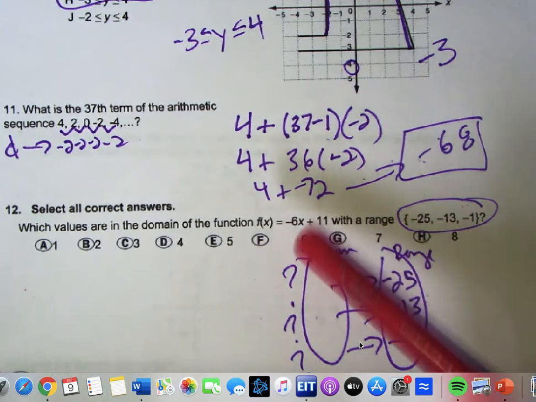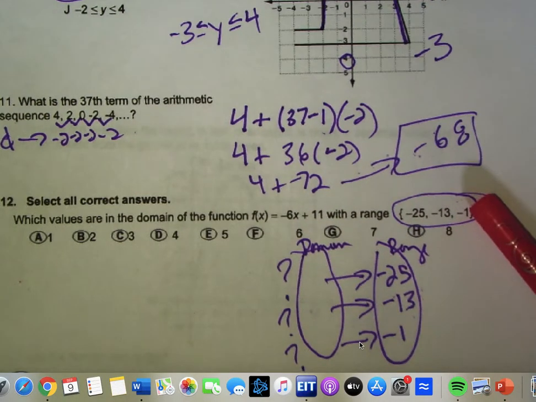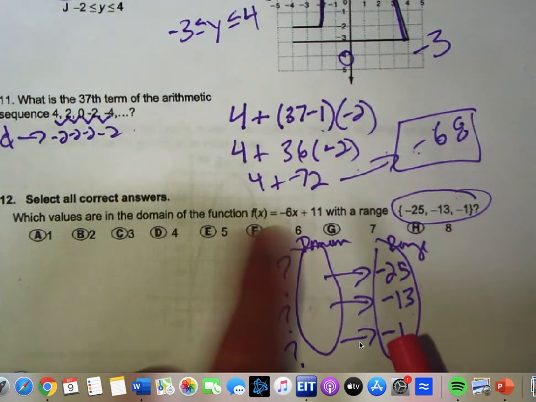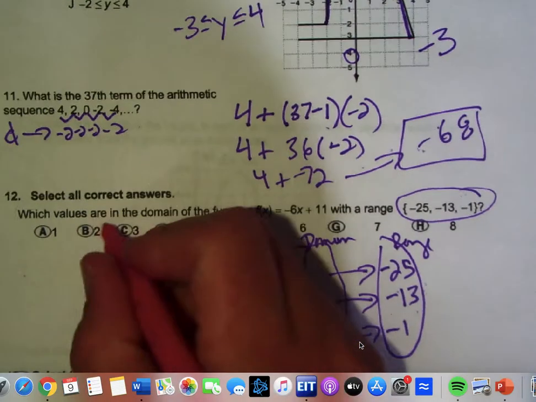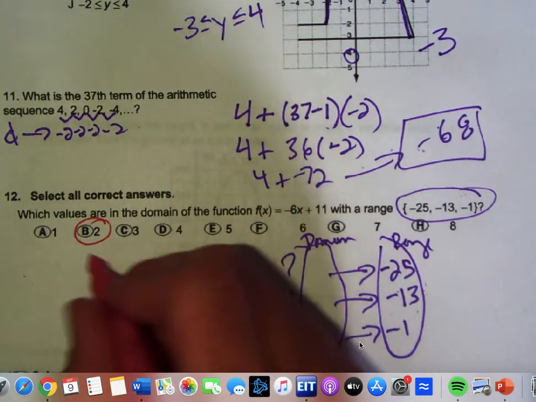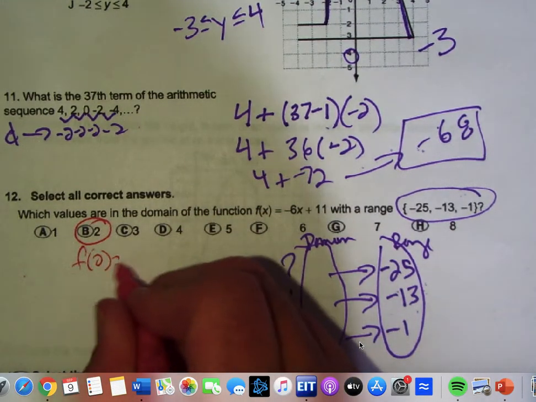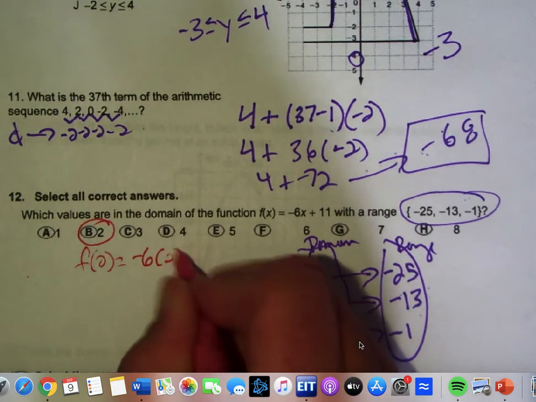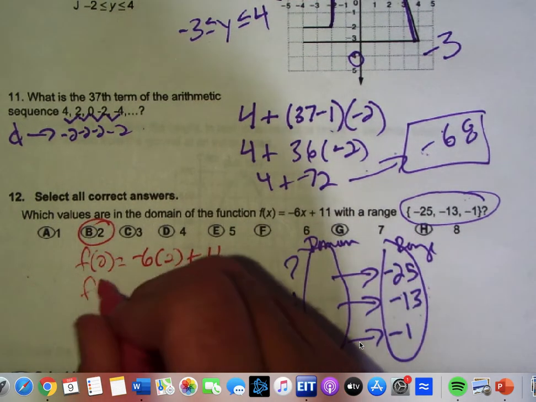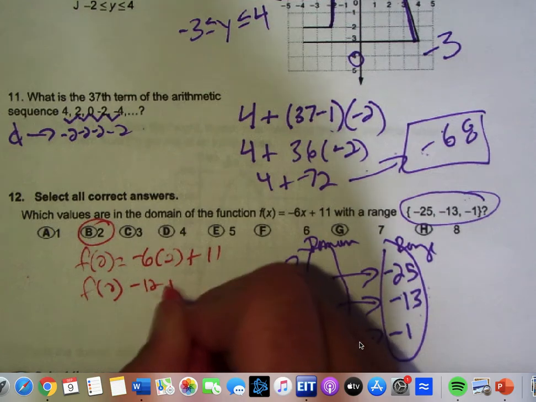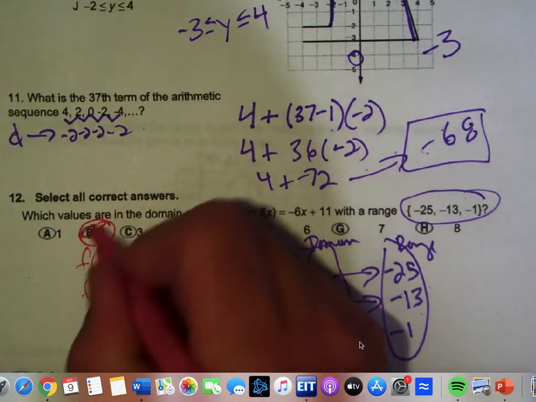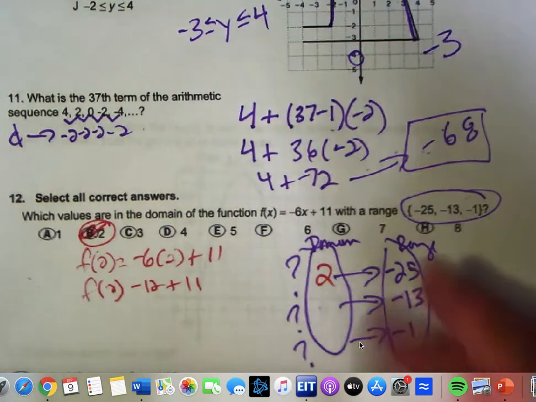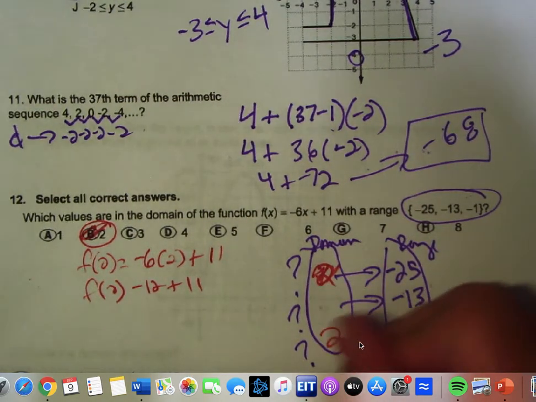Well, we have our rule, and we have what output it is. So if I put 2 into the function, I get -1. All right, so this is one of the answers, because 2 outputs -1.